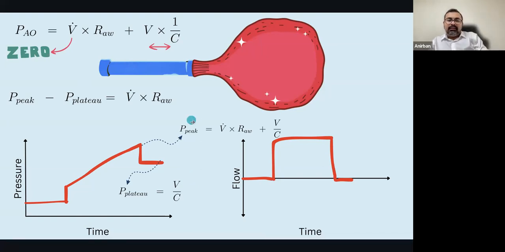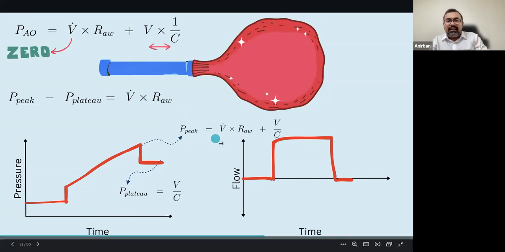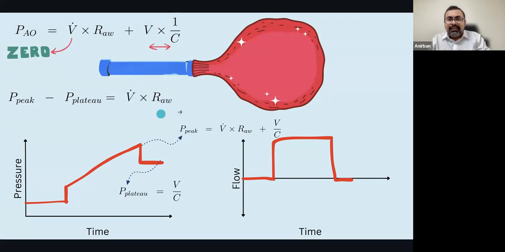And the difference between peak and the plateau pressure is called trans airway pressure. Like if you remember trans airway and trans thoracic pressure, so trans airway is, in other words, nothing but the difference in the peak and the plateau pressure, which is the flow into resistance.